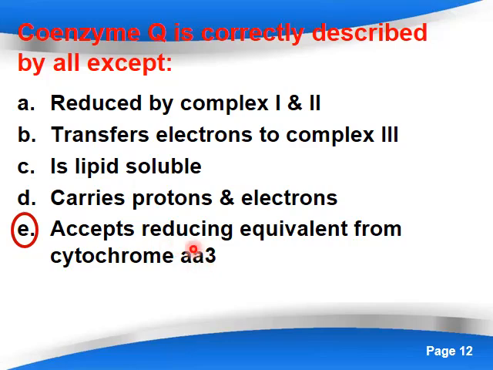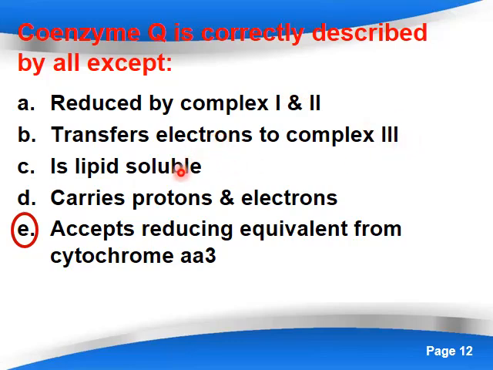It is wrong. It is reduced by complex 1 and 2, yes. Complex 1 and 2, or both of them, convert CoQ into CoQH2, yes. Transfer of electrons to complex 3, yes. It is a link between complex 1 and 2 to complex 3, passing electrons, yes.